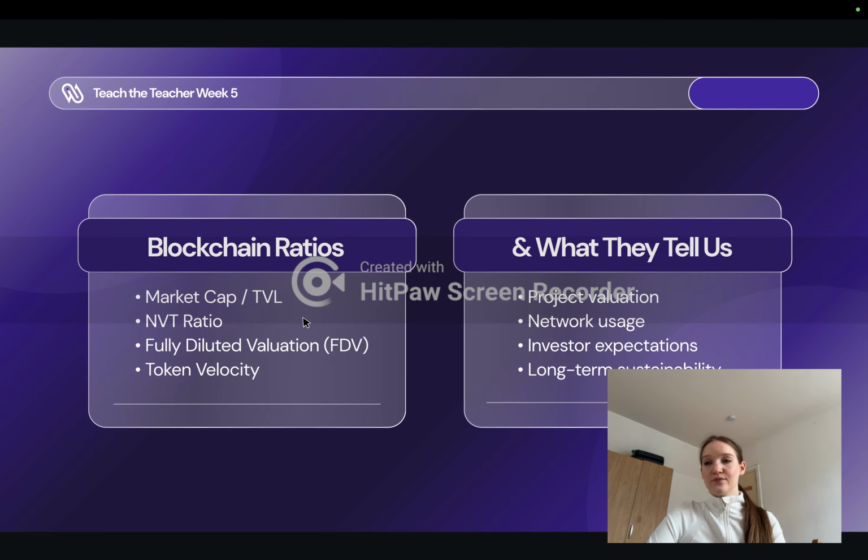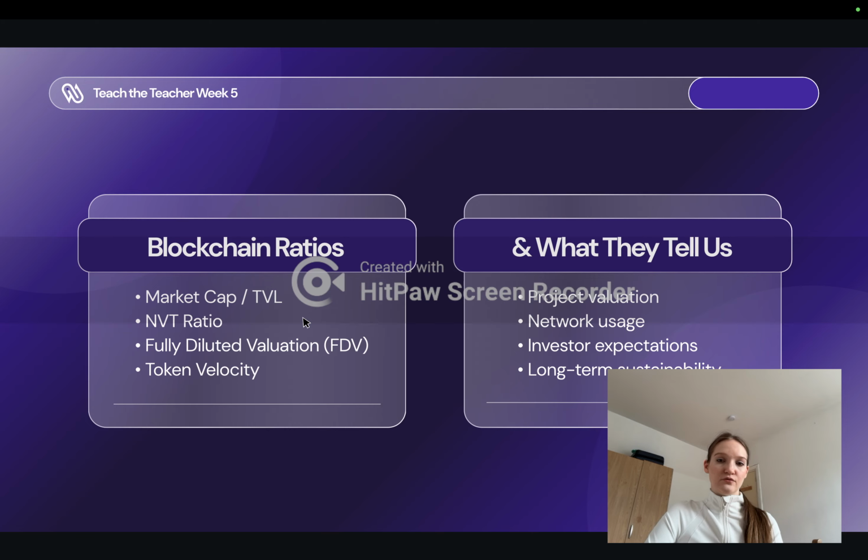Blockchain projects are not making money the same way as typical projects. So investors are using alternative ratios to evaluate those projects. First, it would be the market capitalization to TVL ratio. It represents whether the project is overvalued or undervalued at the moment.